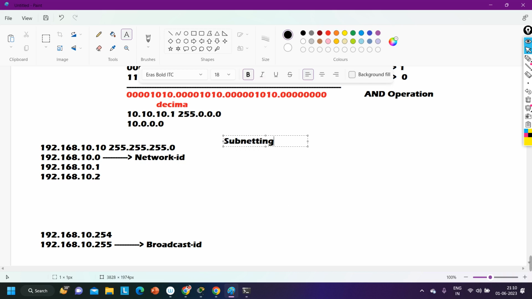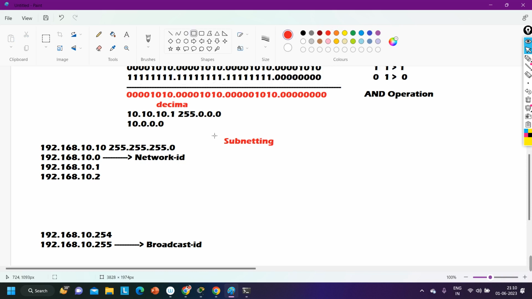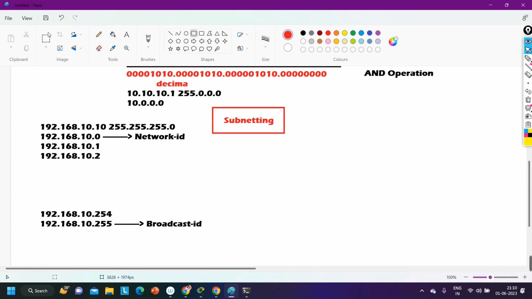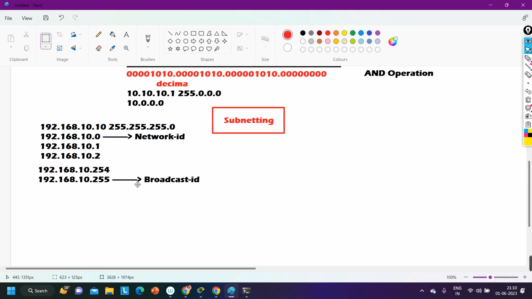Subnetting is a process of dividing a large network into smaller networks. Okay, before starting subnetting, let's understand classless inter-domain routing.